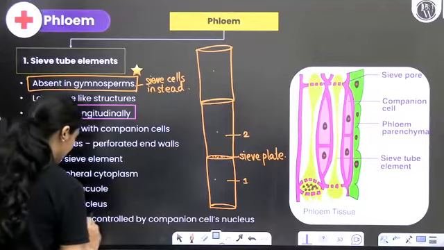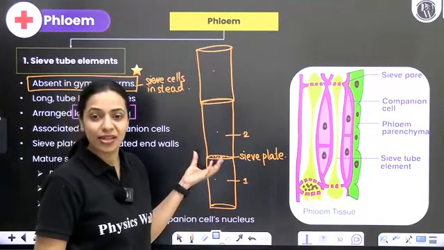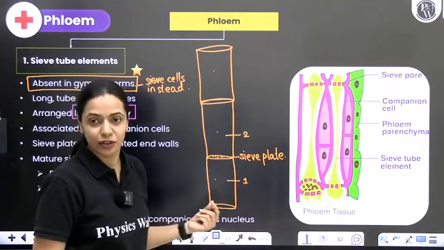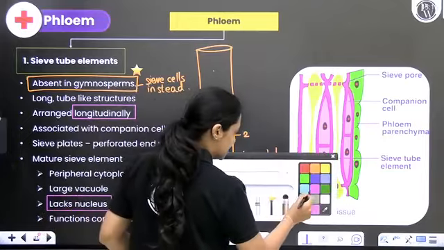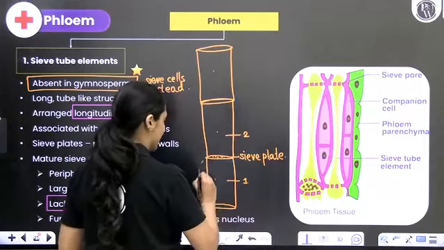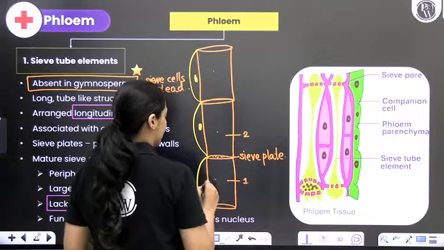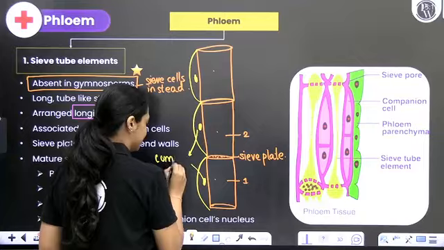It lacks a nucleus. So if this lacks a nucleus, how are its activity and metabolic reactions controlled? If it doesn't have DNA, what is controlling this? Adjacent to every sieve tube element, you will have its best friend, okay, which will have a nucleus. That is called a companion cell.